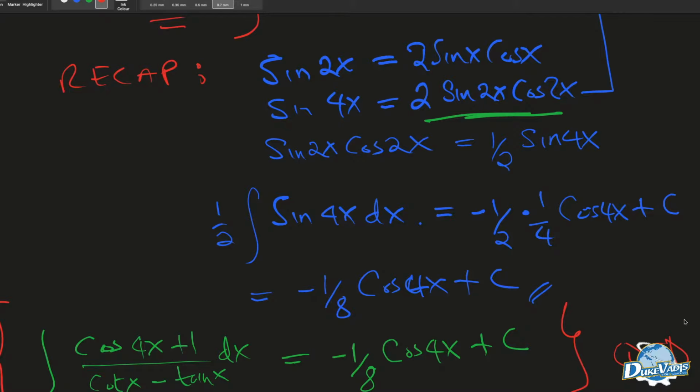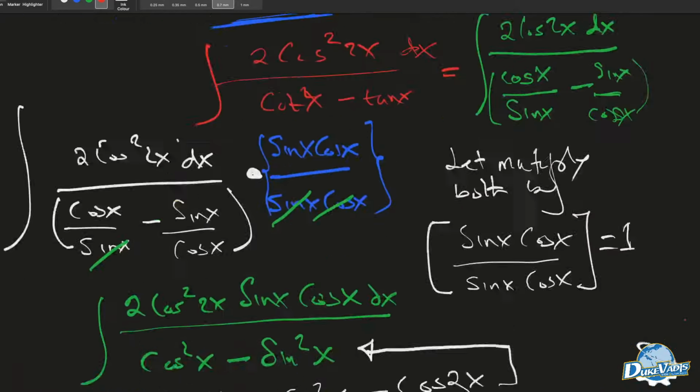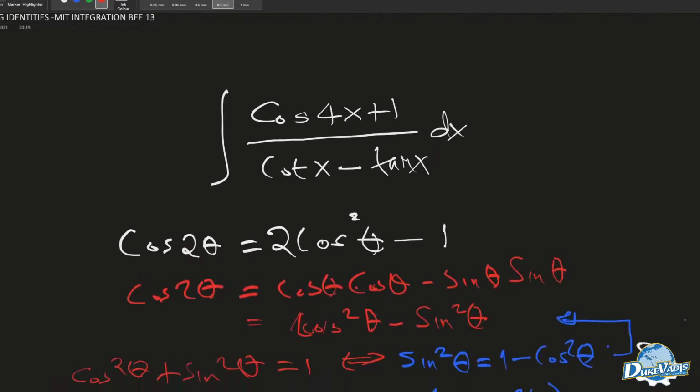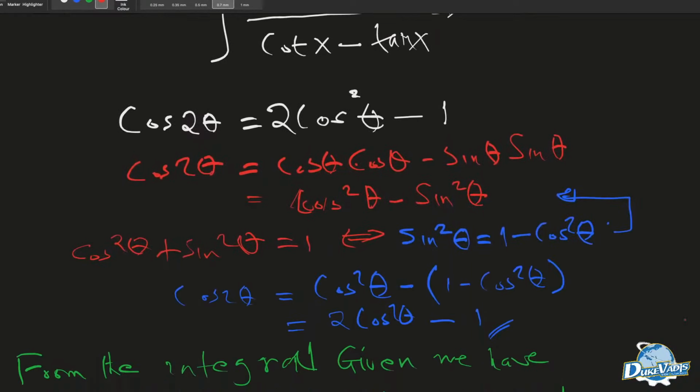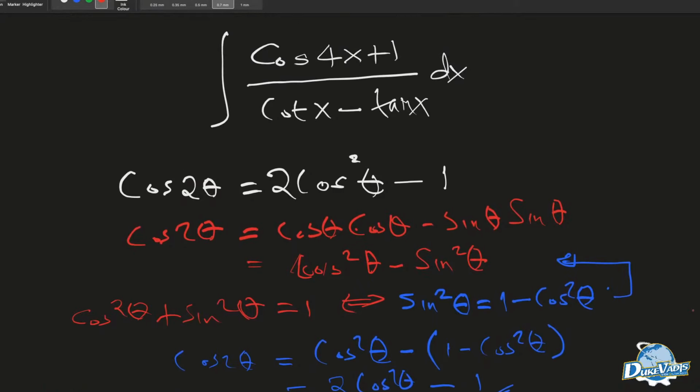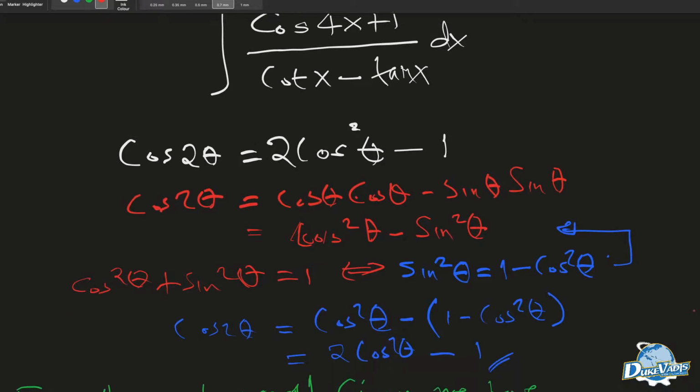Okay, right now, let's go up. So right from the scratch, there's a question we have. In my suggestive analysis, when I saw cos 4x plus 1, it gave me a certain hint.